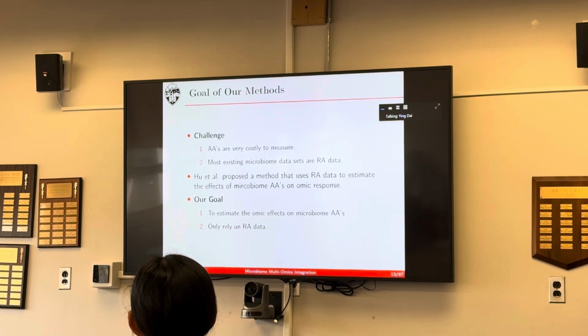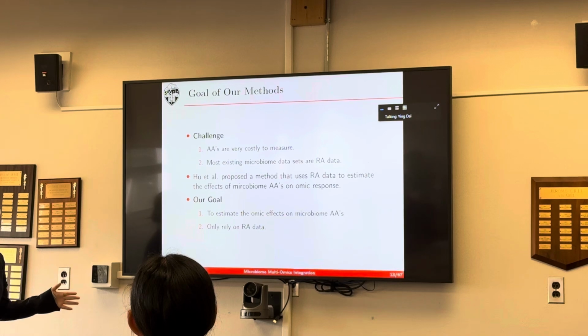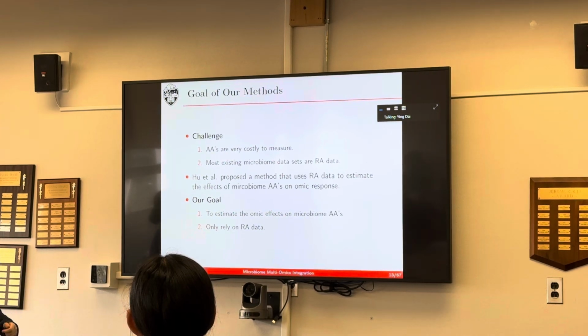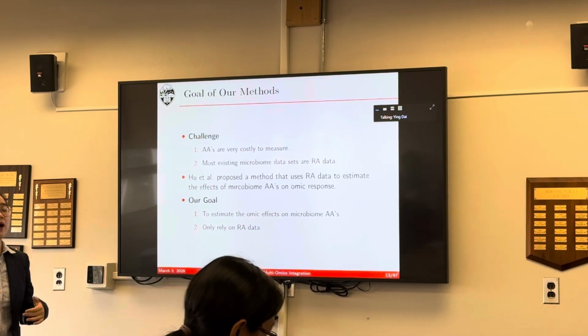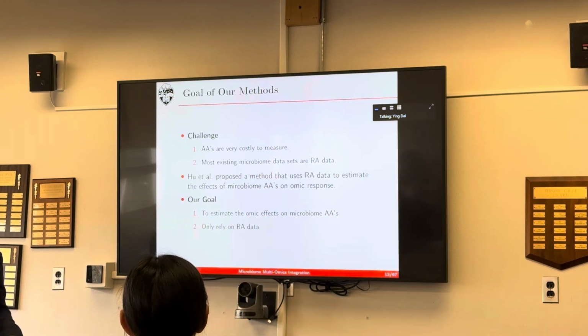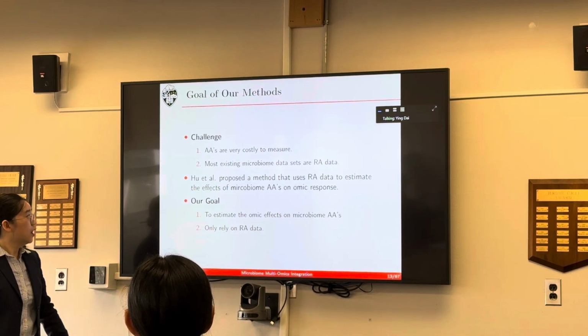To summarize, the challenge we're facing is that absolute abundance is very costly to measure, or not stable, and most existing microbiome data are all measured in RA data. So we wanted to come up with something.